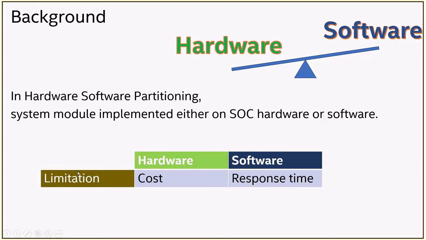What would be the limitation? If I do everything in hardware, the total cost will increase a lot because hardware is very expensive. If I do everything in software, it would be very slow. Even though I save a lot of cost, it would be a slower response time.